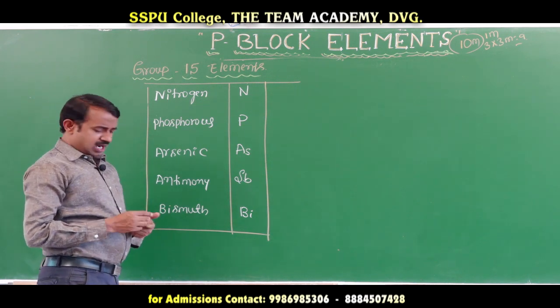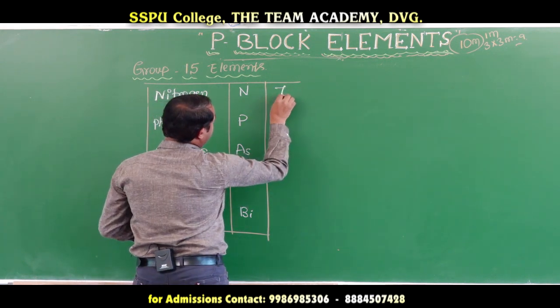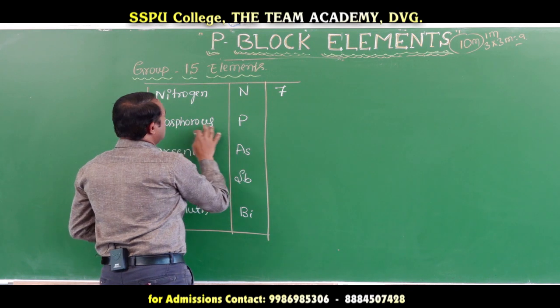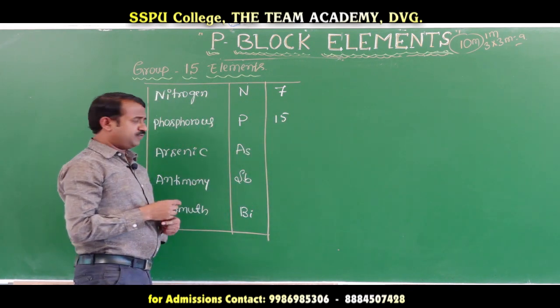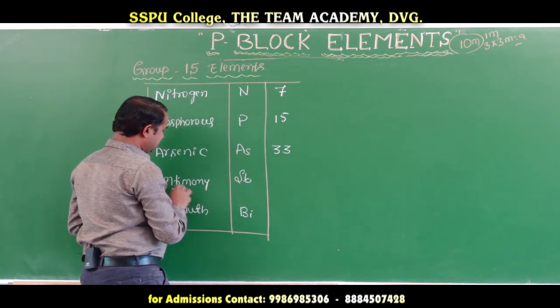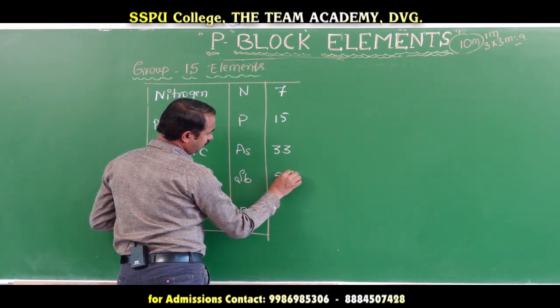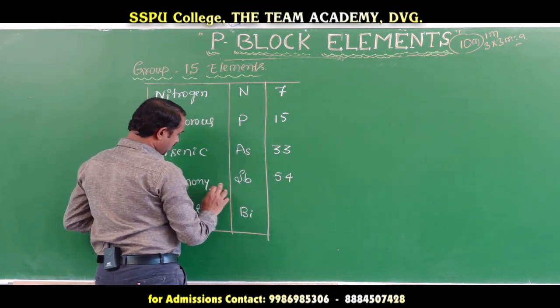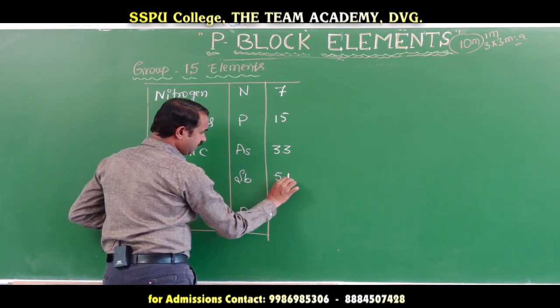The atomic number of nitrogen is 7, phosphorus is 15, arsenic is 33, antimony is 51, sorry, 51.